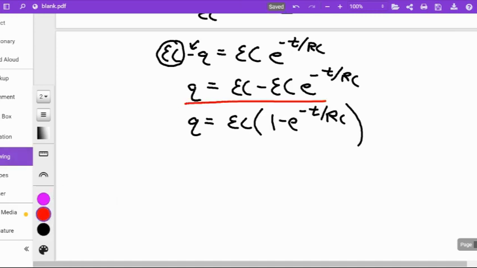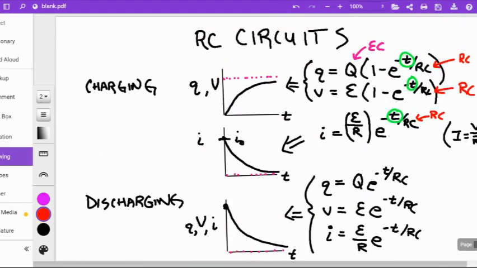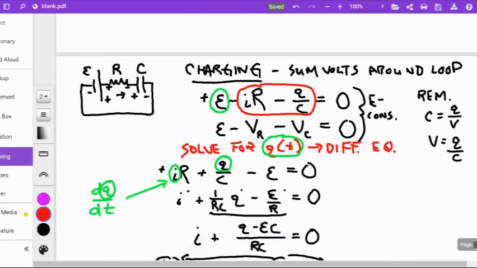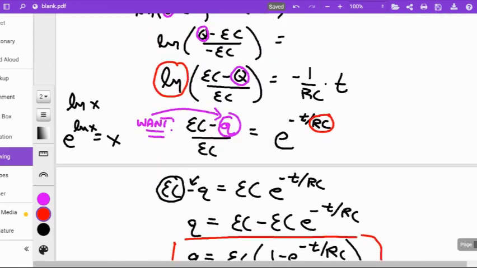I'm going to draw a box around this. And that is actually what we wanted to show. If you remember, that's our function for charge, which was up here. Okay. So that is how you get this function for charge as a function of time.